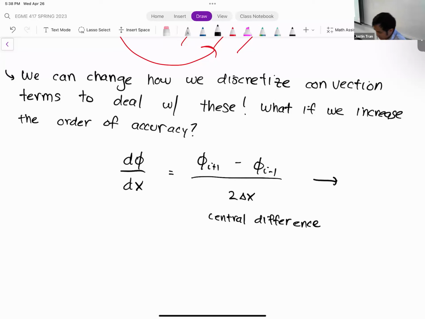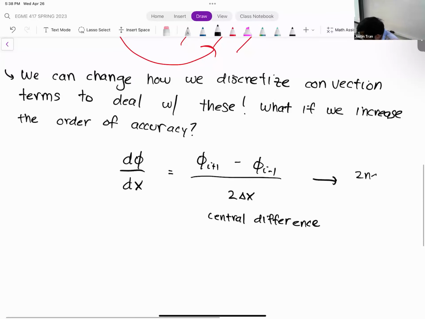And what we know is that this term is second order accurate. That means if we decrease the grid size by half, then our error will go down by a factor of 4 because of second order accuracy.